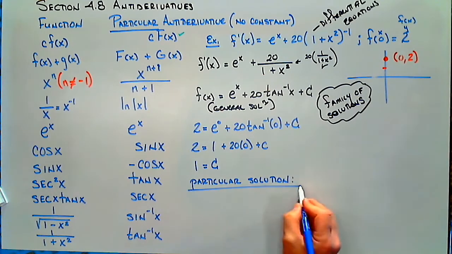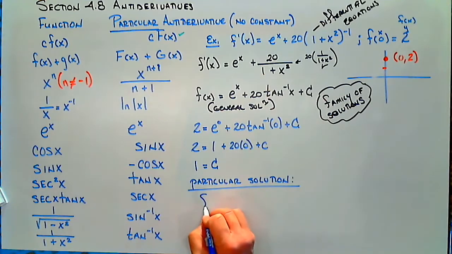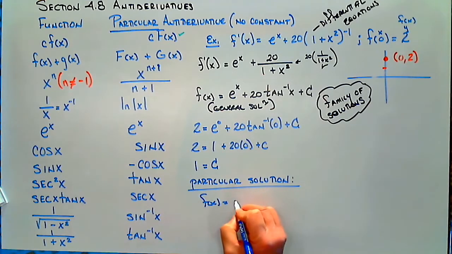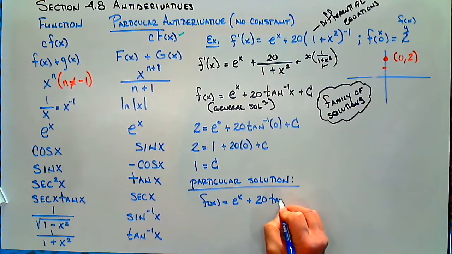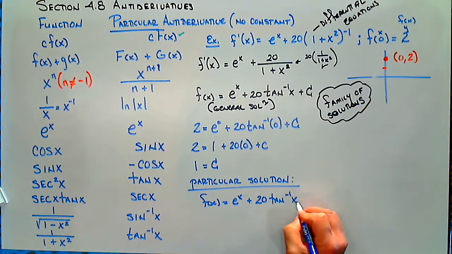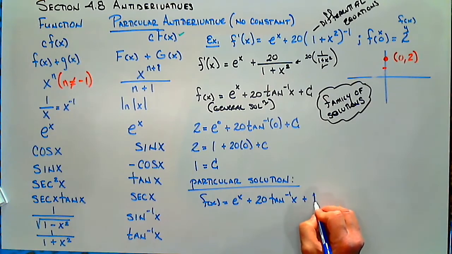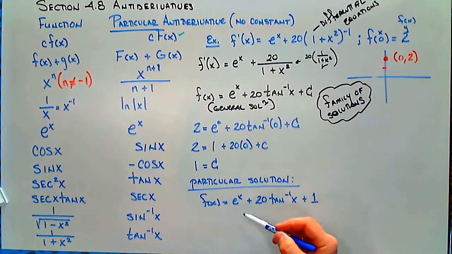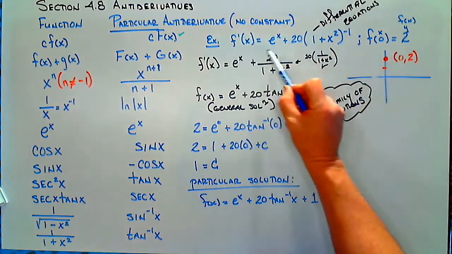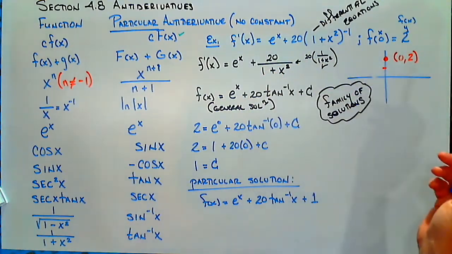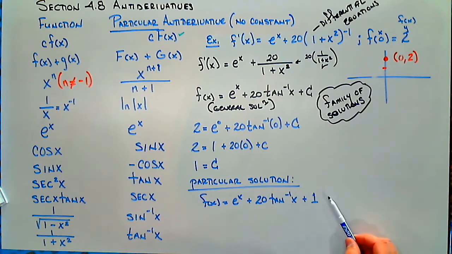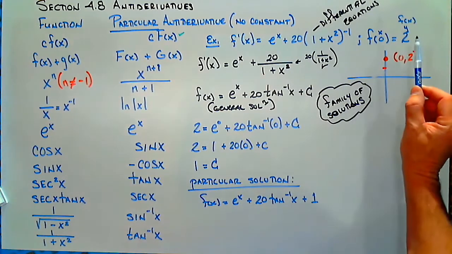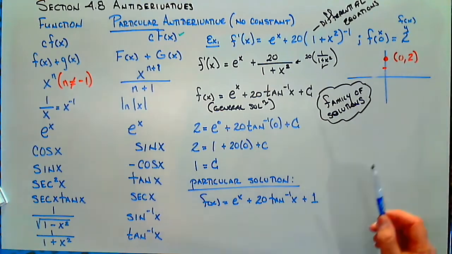Our particular solution is f of x equals e to the x plus 20 inverse tangent of x plus 1. That is the solution to this differential equation, or that is the antiderivative that goes through the point x is 0.